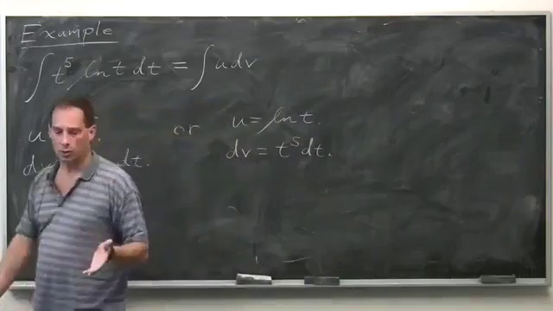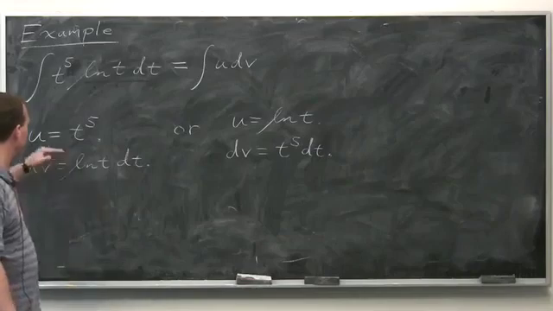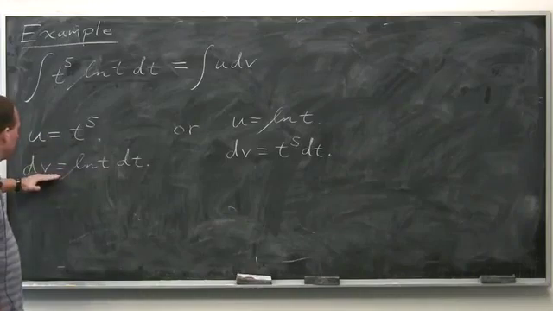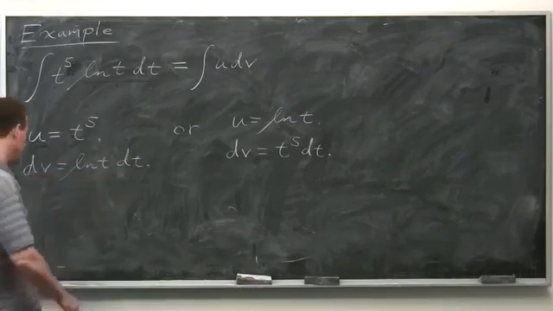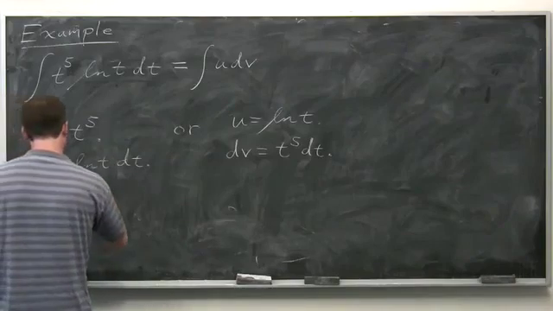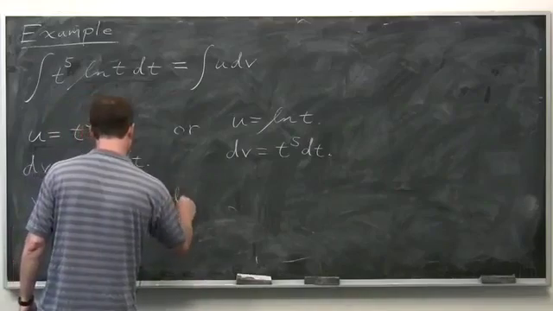Well, again, one of these works and one of them doesn't. And this time, picking the power of t to be u is actually bad. And the easiest way to say why it's bad is because that means dv is ln of t dt. And so v is the integral of dv, so it's an antiderivative of the natural log of t with respect to t.